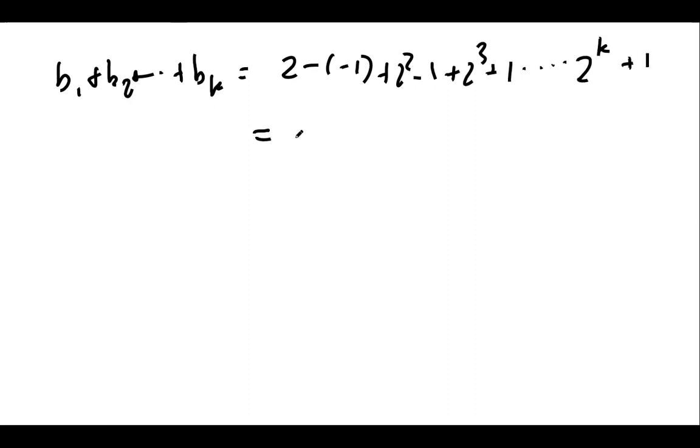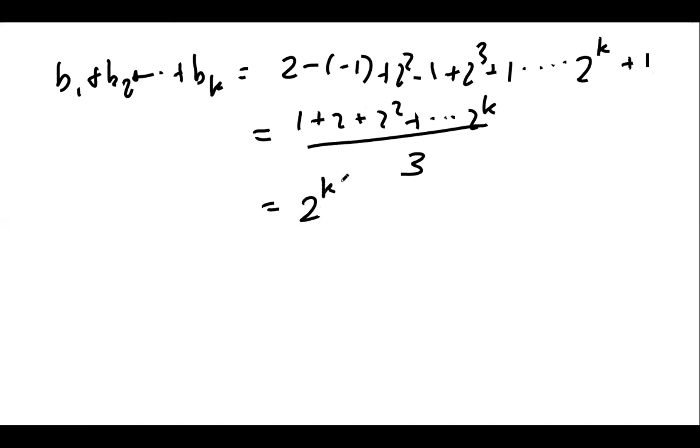So we would actually have 1 plus 2 squared all the way to 2 to the k over 3, and remember that it was equal to 2 to the k plus 1 minus 1 over 3. So that's what the sum is if k is odd.